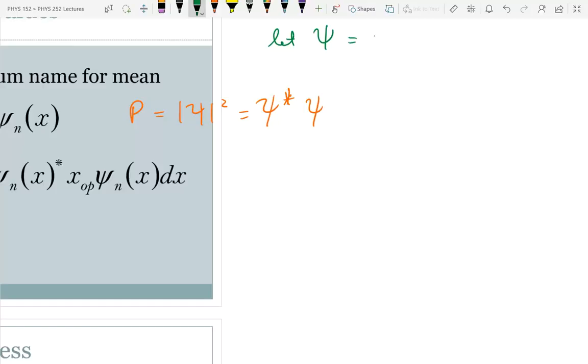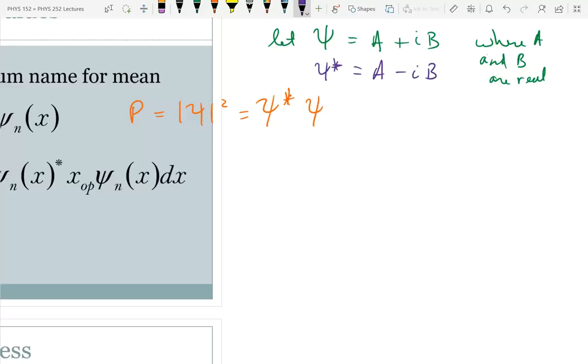let psi equal A plus iB, where A and B are real. If that's the case, then psi star is equal to A minus iB. You simply change the sign of the term that has the imaginary number in it.